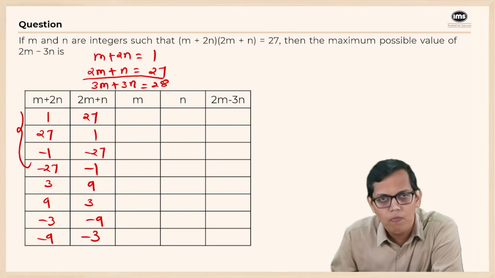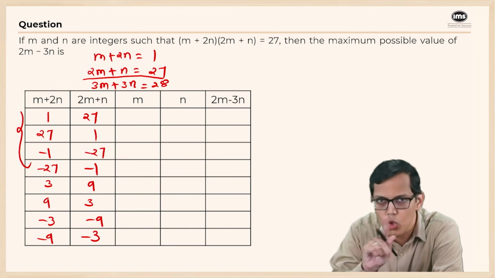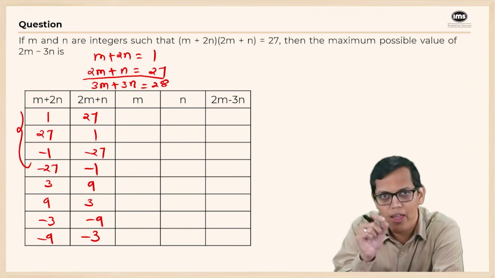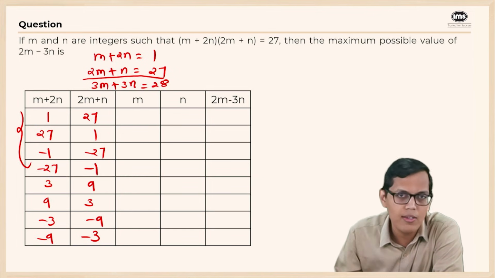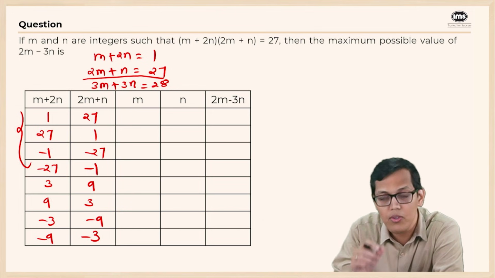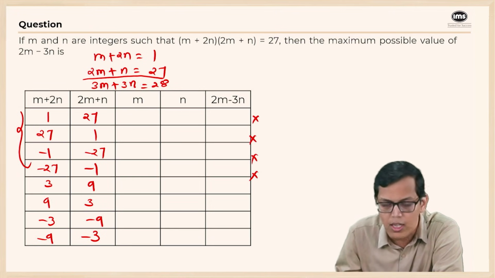Please observe that left hand side is a clear multiple of 3, whereas the right hand side is not a multiple of 3. That means we cannot have both m and n integer together. This rules out the entire first 4 rows. None of them can actually give us both m and n integers. So we don't need to work on the first 4 rows, luckily.